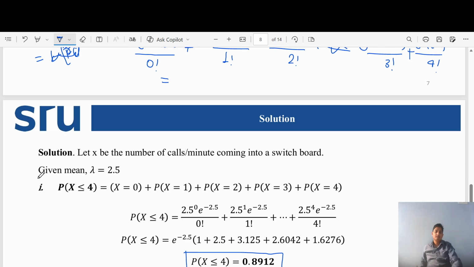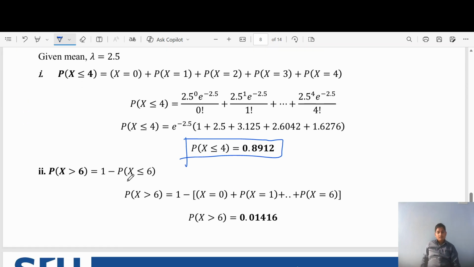We see here: P(X > 6) assumes values 7, 8, 9, 10, 11 up to infinity. So we subtract the summation i is equal to 0 to 6 from 1, because it contains more than 6. We find the required value.